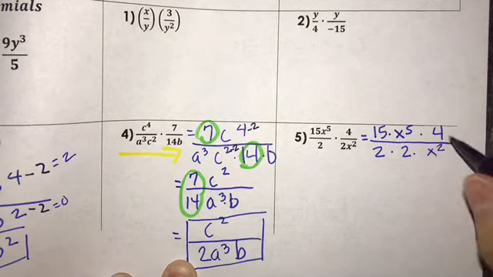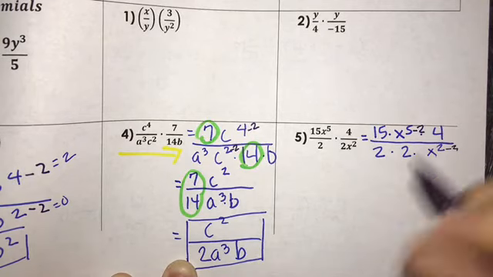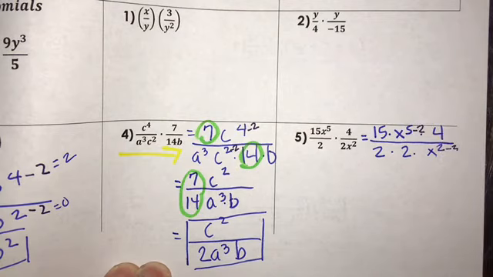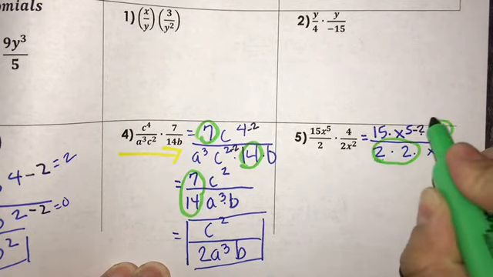When we look at exponents first, I'm going to subtract 2 from the denominator and subtract 2 from the numerator. We're looking at just the power. And then I know that these 2's will cancel out with that 4.